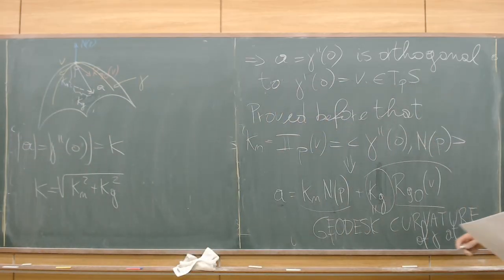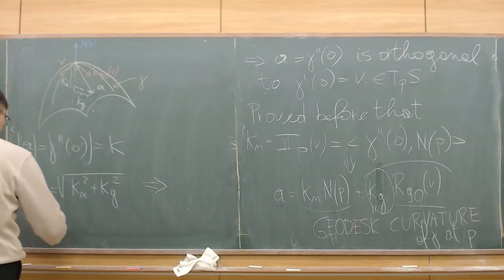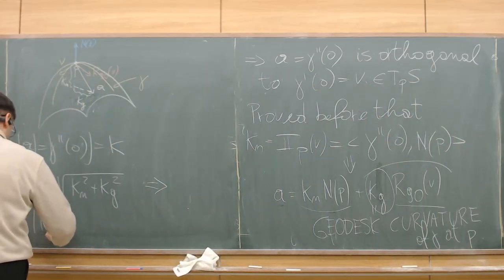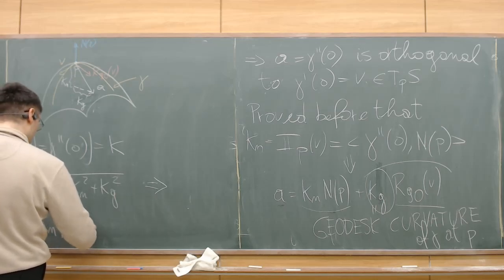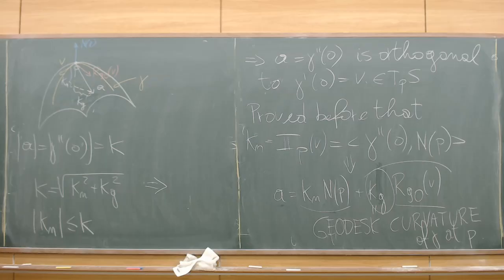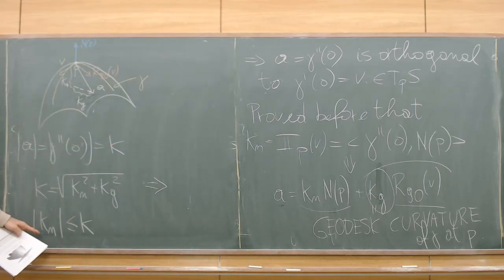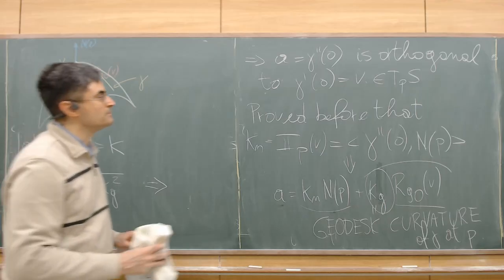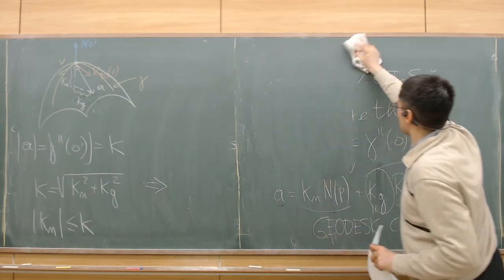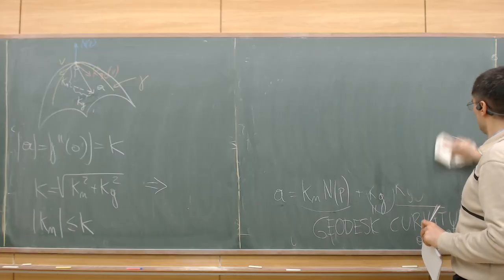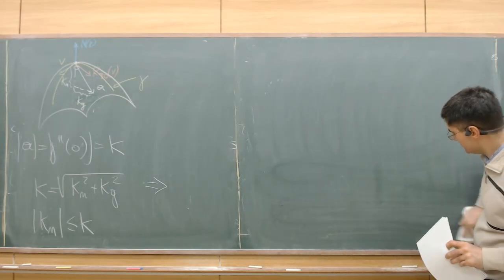It is clear that the absolute value of kn is smaller or equal to k. So the absolute value of the normal curvature has an upper bound. What about the geodesic curvature?